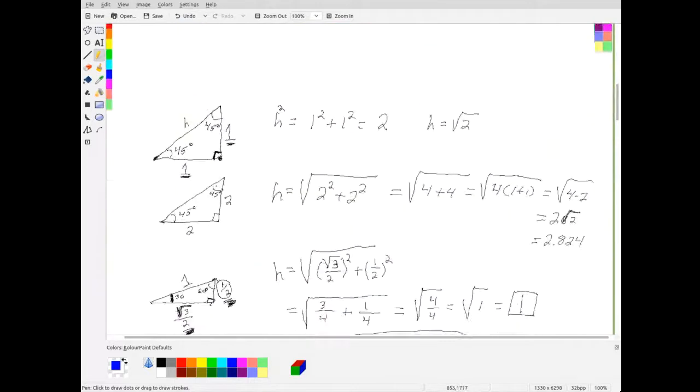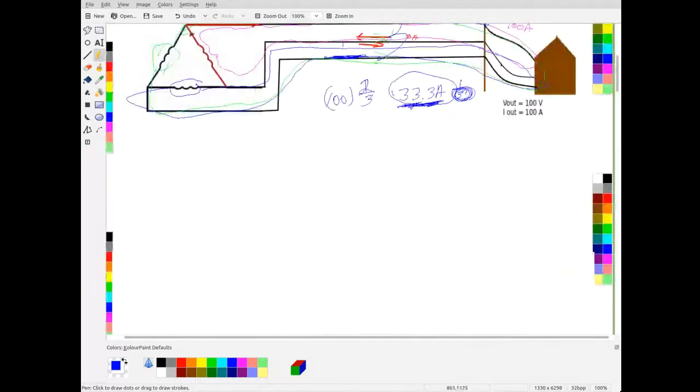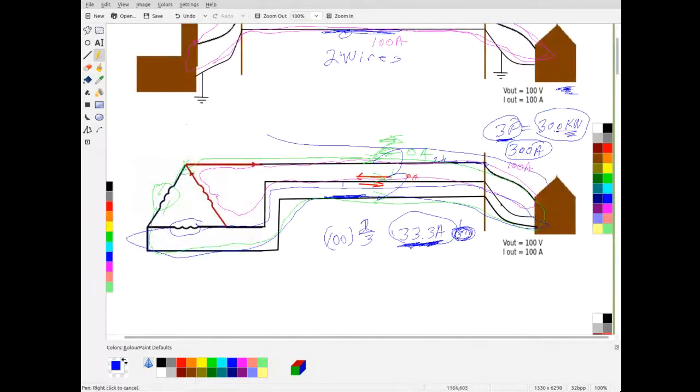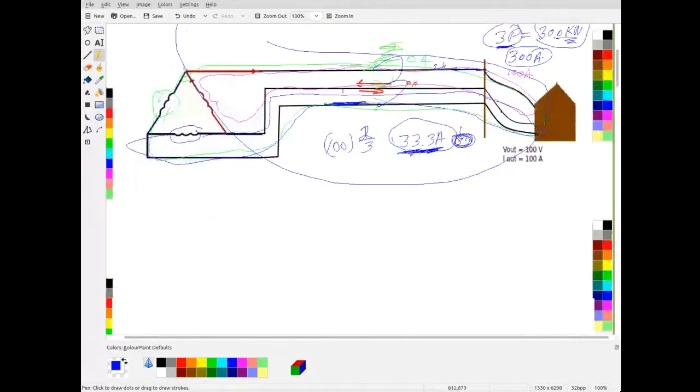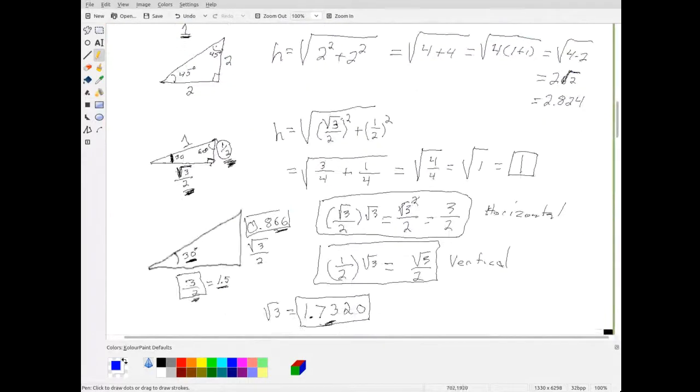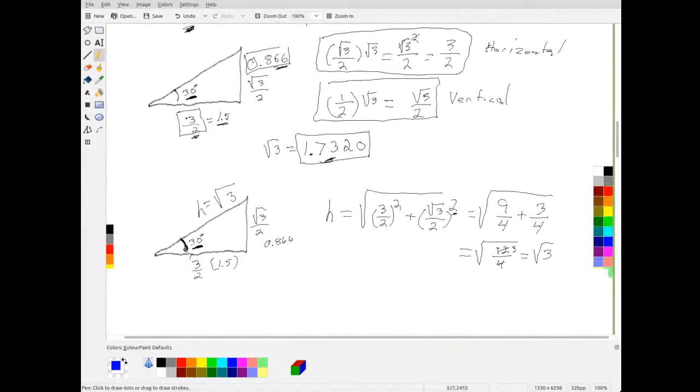All right, so we talked about why we care about 3-phase. And we talked about looking at this right triangle here with a 30-degree and a 60-degree phase angle.